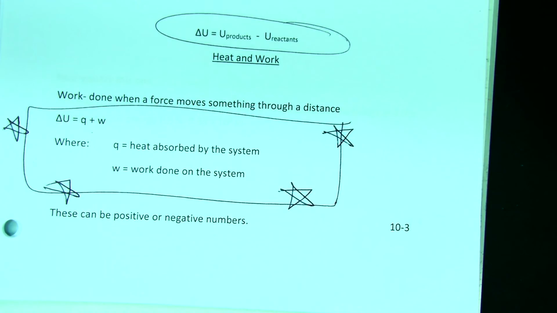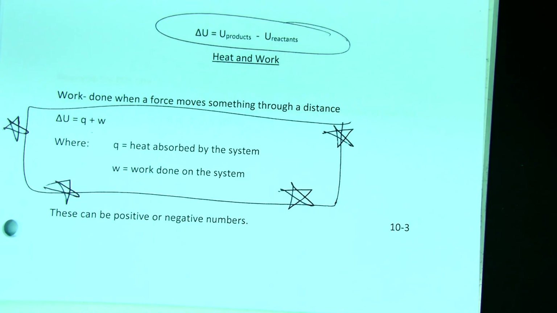Both of these can be positive or negative because we talk about positive and negative numbers for energy. When energy is released, we say that it is exothermic because energy is exiting the system. When it takes heat to make this equation go, then the system has a positive heat, and so it's endothermic.